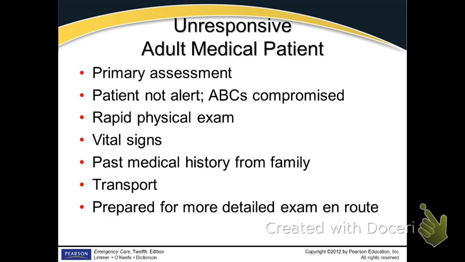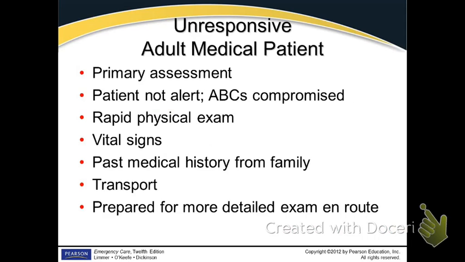So pretty much the primary assessment, the ABCs are all the same, but in this unresponsive patient, again, you have a more physical, rapid exam. You need to get a faster set of vital signs than if someone's conscious. If they're conscious, then you can pretty much know that they have a decent set of vital signs, because when you did your ABCs, you got a radial pulse, correct?